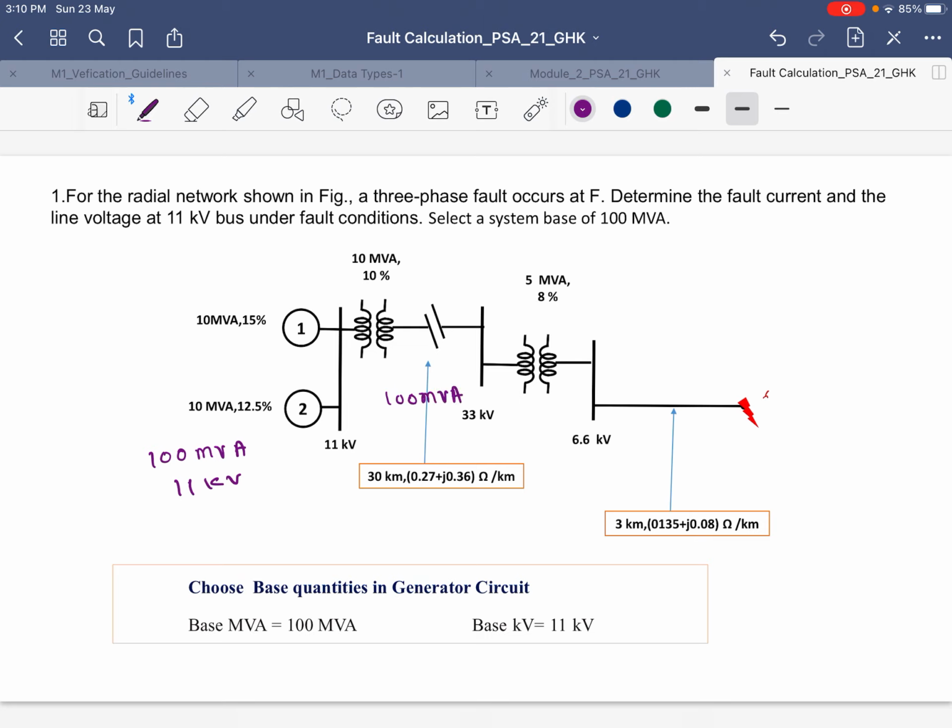Then this 11 kV is transferred by this particular transformer, which has an 11/33 kilovolt rating. Therefore, the base voltage in this circuit is 33 kilovolts. And this is a 33/6.6 kilovolt transformer, so the base quantities in this circuit are 100 MVA and 6.6 kilovolts. These are the base quantities.